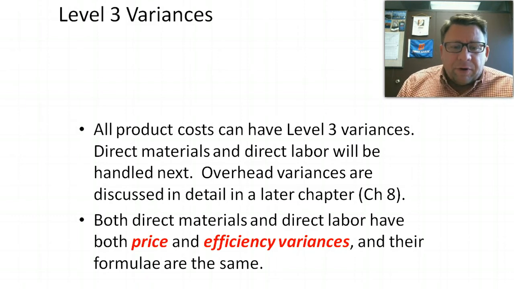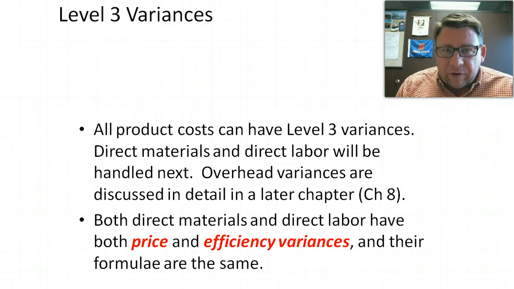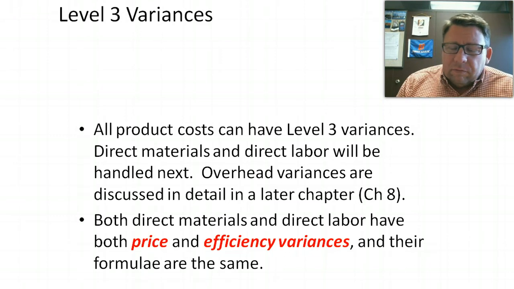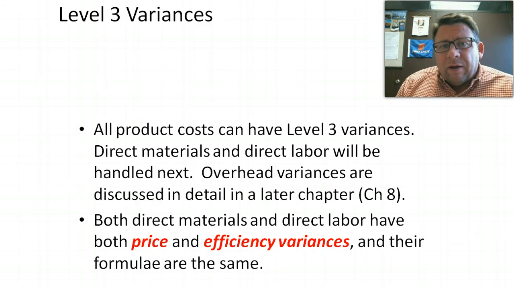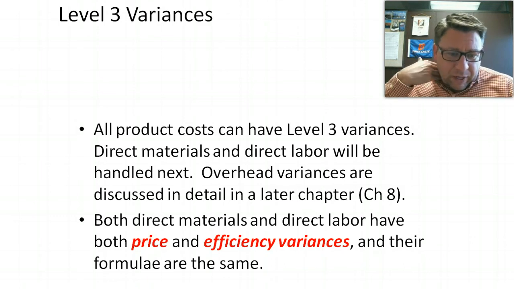In the next chapter, chapter 8, which again we're going to split up, we're going to do variable manufacturing overhead, which is not very much different than our direct material and direct labor. And then we're going to do fixed overhead, which is much more complex. So, that's just something we're going to be coming into.